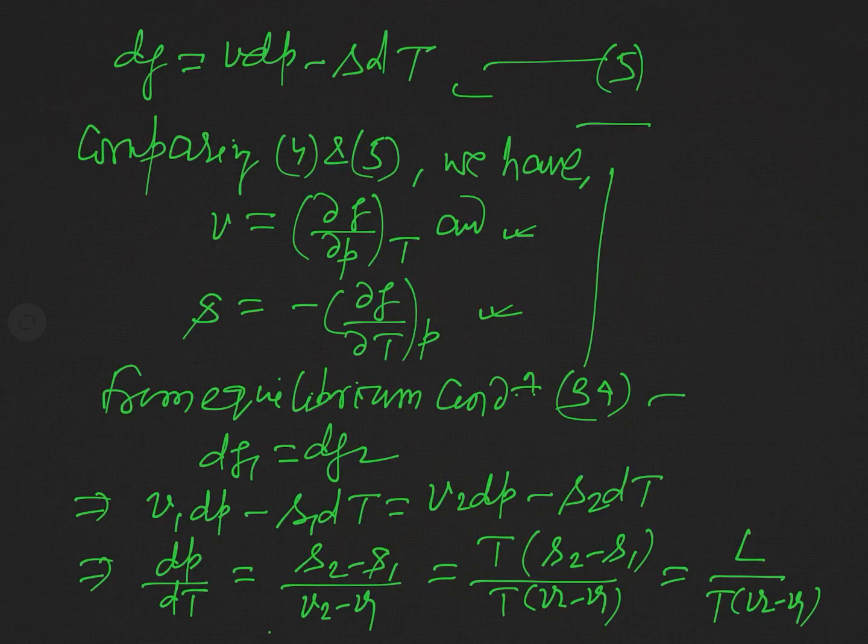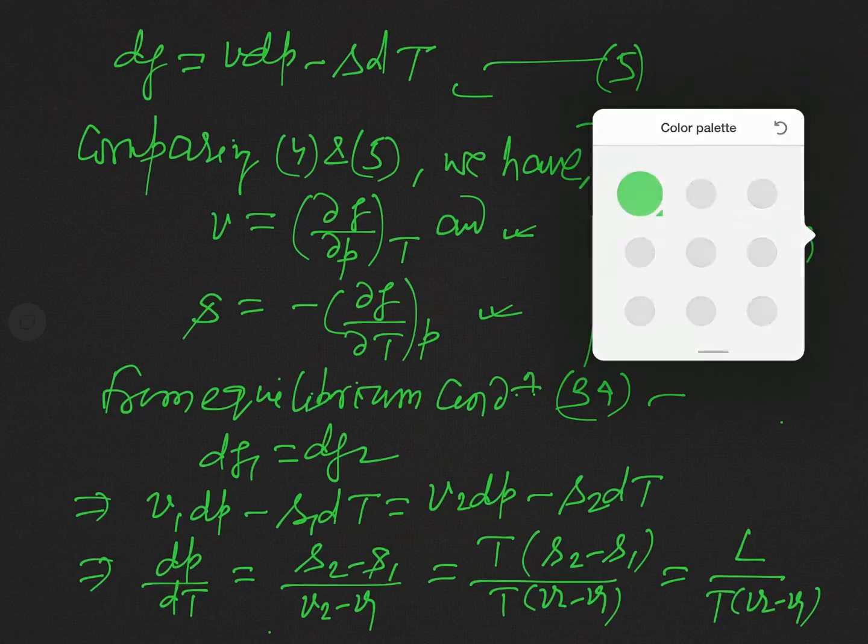So finally I write this equation here: dP by dt equal to L over T (v2 minus v1).